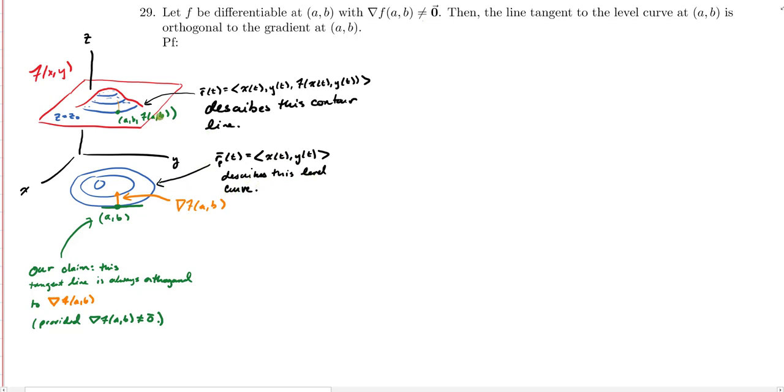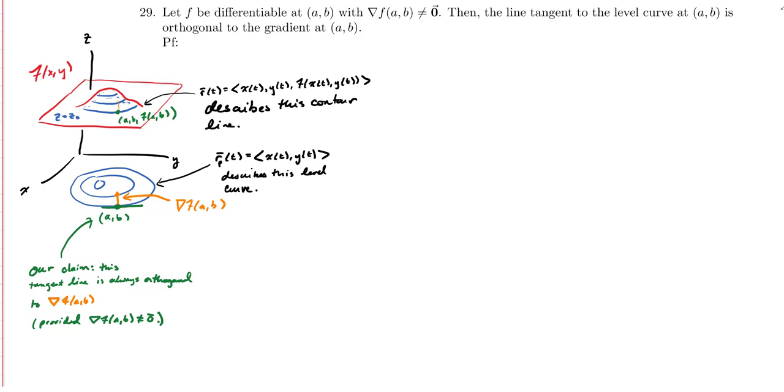So r of t is what I'm using to denote the parameterization of the contour curve in 3-space, and it has an associated r_p of t, which is the parameterization of the level curve in R2.